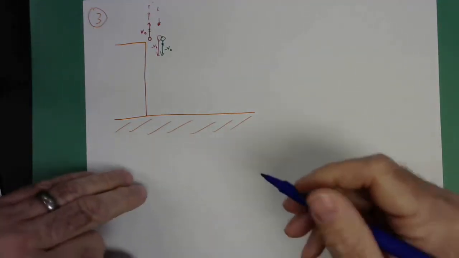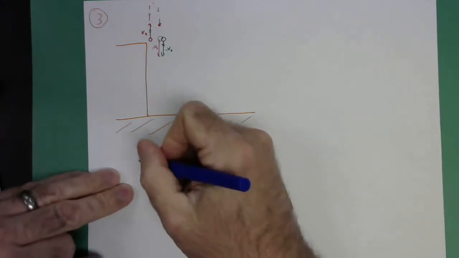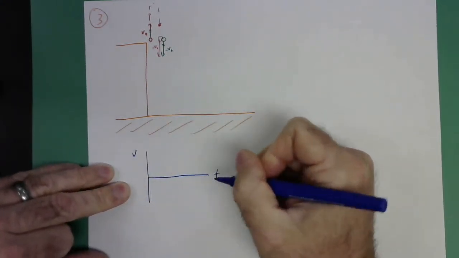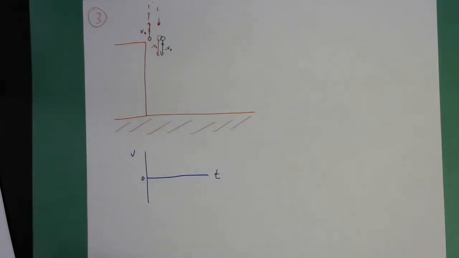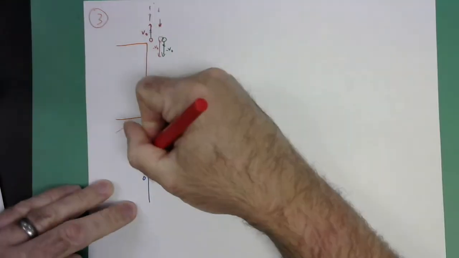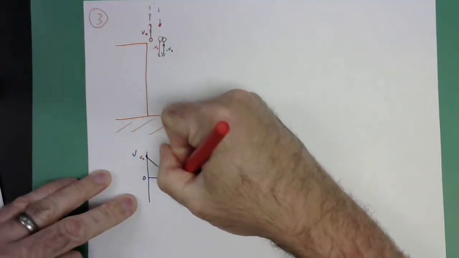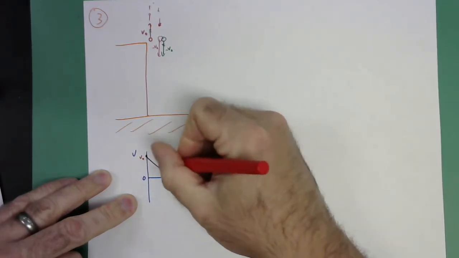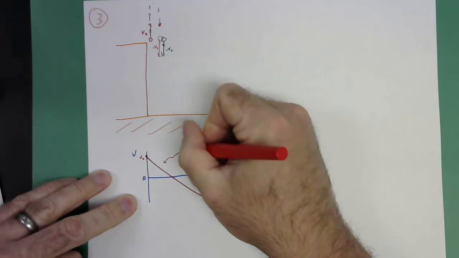Well, my favorite way of explaining this is with a VT graph. At the start, that ball has an initial velocity of positive v naught, and the graph for it looks like this. You remember that the slope of a VT graph is the acceleration.